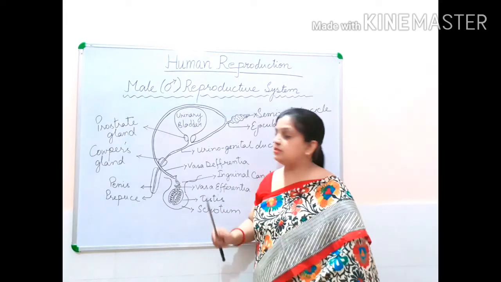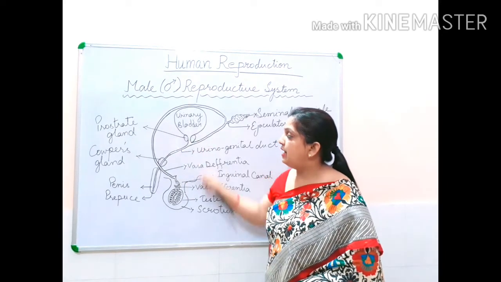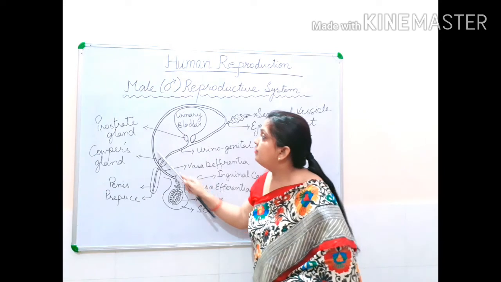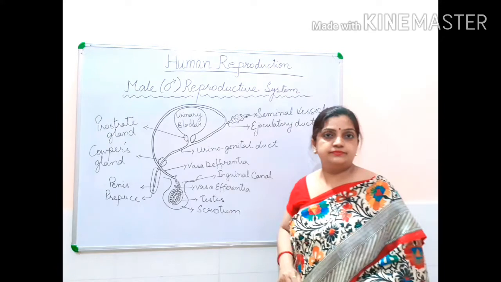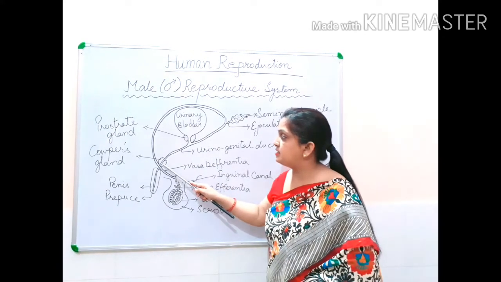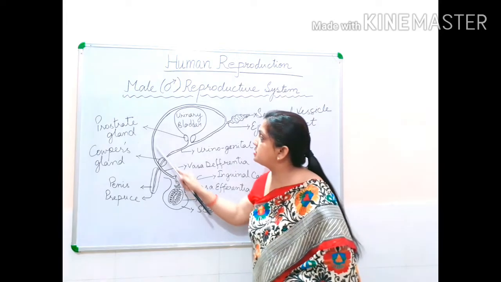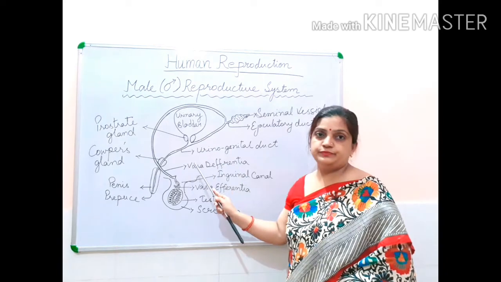Now you can see, children, that the vasa deferentia is running from above the urinary bladder. It is not moving from the downward portion, but it is crossing the urinary bladder from the top and then moving down.